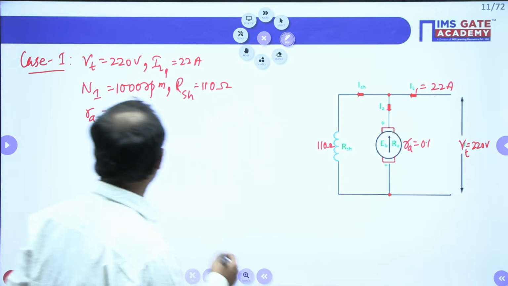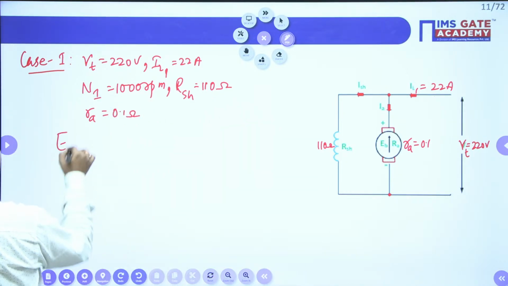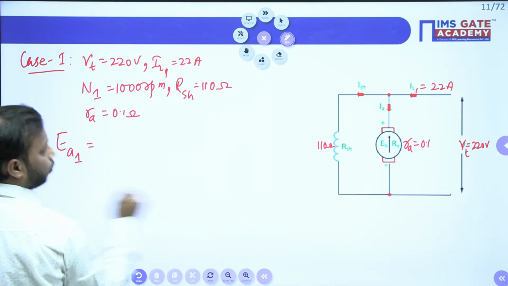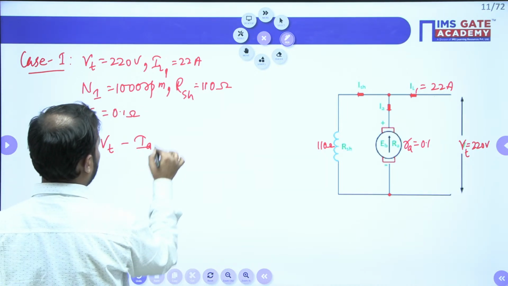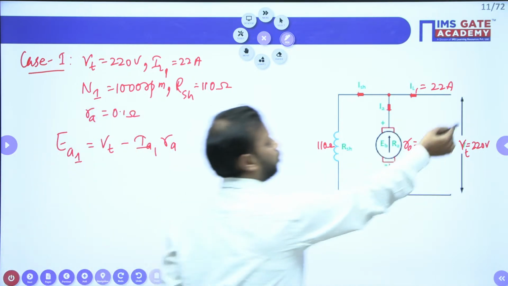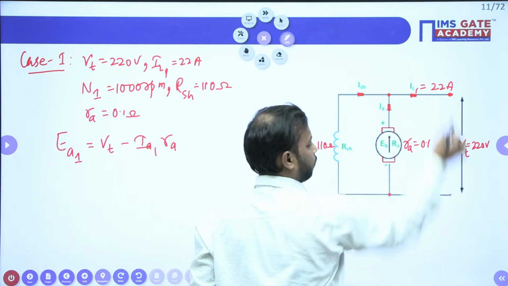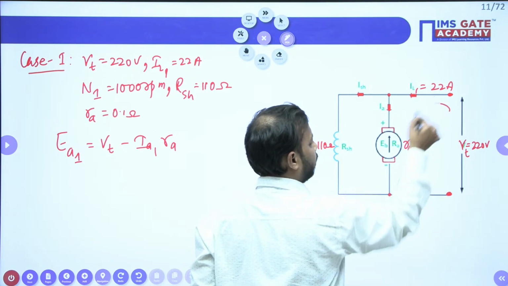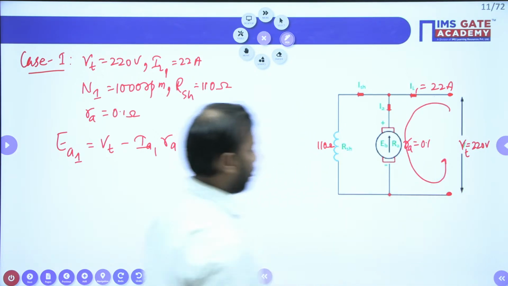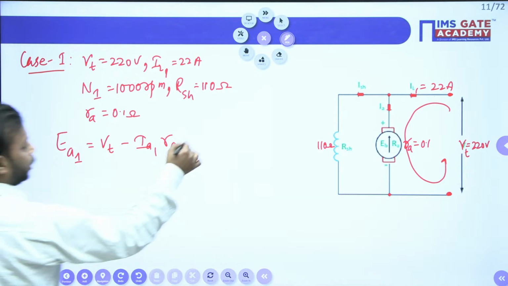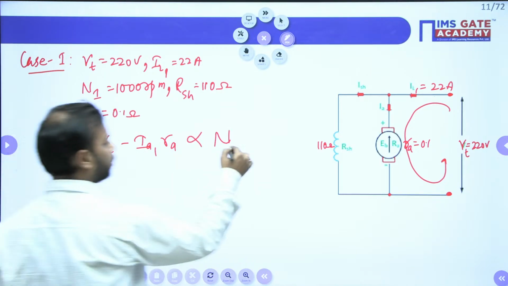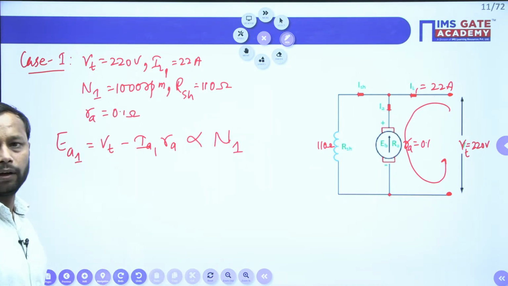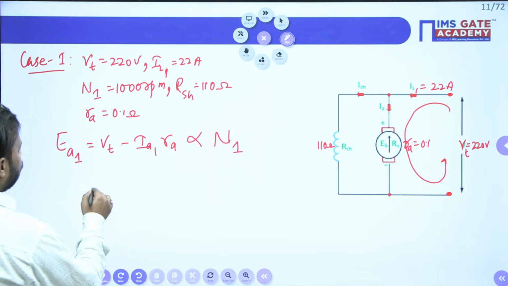Definitely, you will have to find the EMF. So EA1 is equal to, applying KVL in this loop, VT minus IA1 RA, and this is proportional to N. Let me write it directly. For case 1, it will become N1. Do we have the VT value?